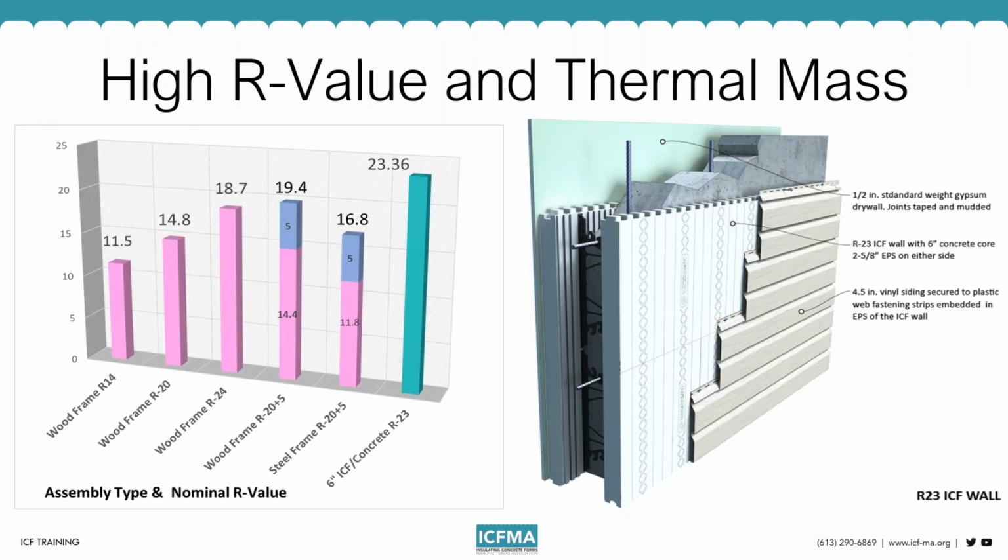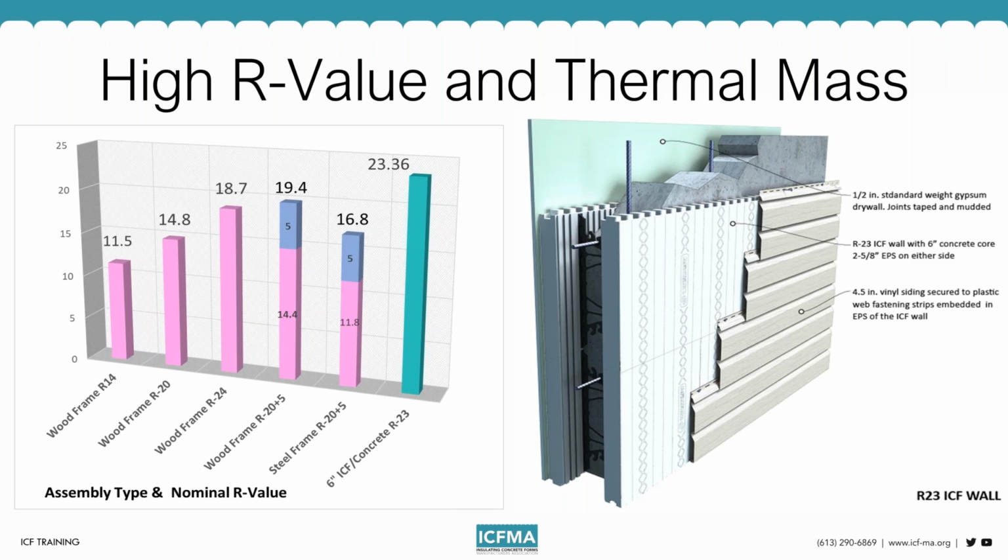The other component that we often talk about with ICFs has to do with their thermal performance. A couple of years ago, back in 2018 and 2019, the ICFMA commissioned a study with a research lab in Canada called CanBest to do a series of hot box tests to basically compare the performance of an ICF wall against several different cavity style constructions.